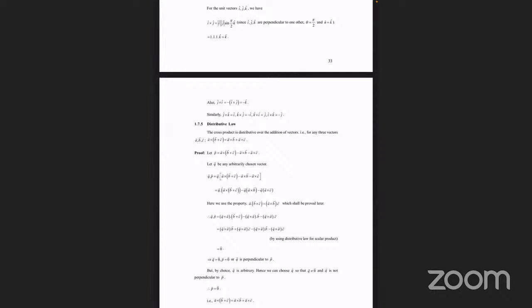But here in the cross product, you will get another vector, that is the i vector. k cross j equals minus i, and k cross i equals j, and i cross j equals k, and i cross k equals minus j.